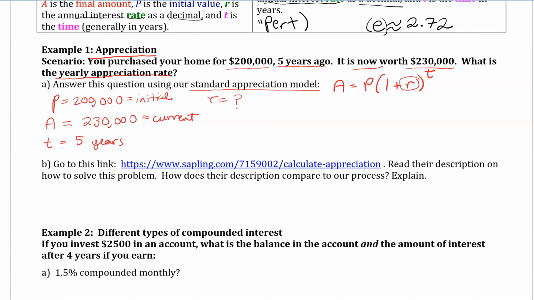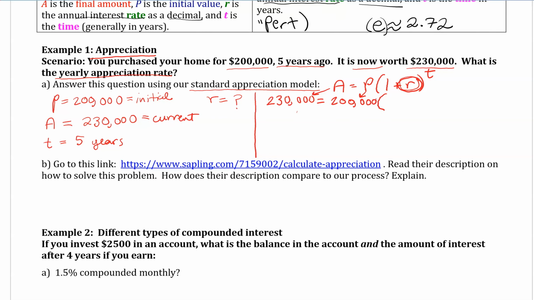So what I'm going to do is plug in all these numbers into this formula, and then I'm going to solve for R. So I'm going to plug in 230,000 for A, because that was the final, which is the current amount. I'm going to plug in 200,000 for P, since that was the initial amount.